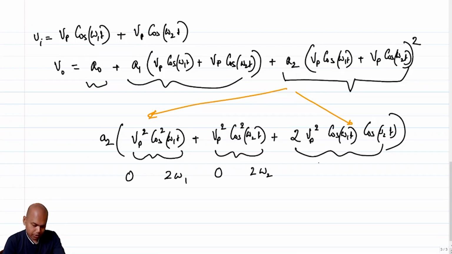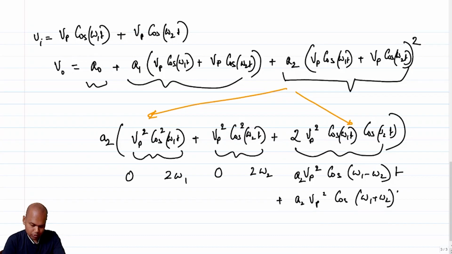So one of them will be, if I expand this, A2 Vp squared cosine omega 1 minus omega 2 t, and plus A2 Vp squared cosine omega 1 plus omega 2 t, right? Okay.